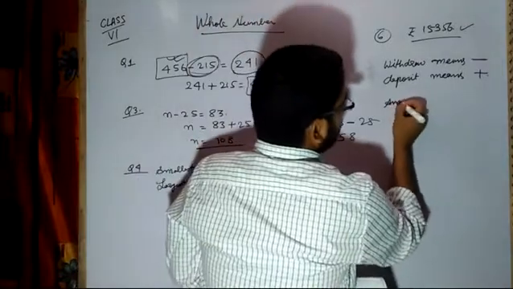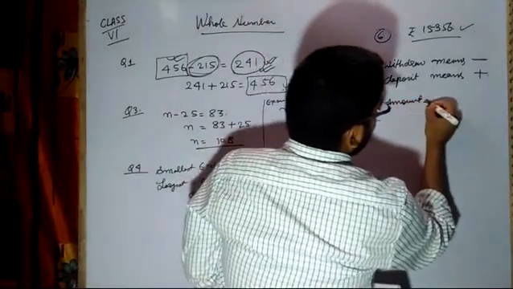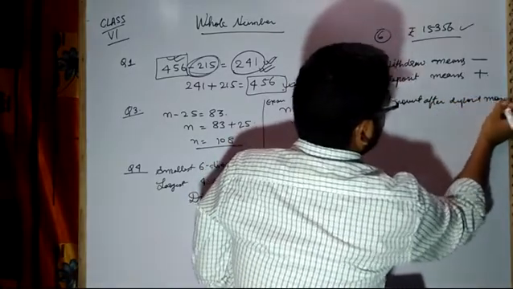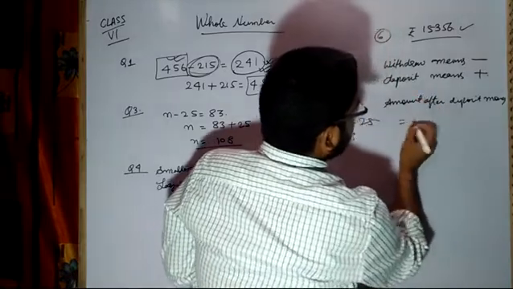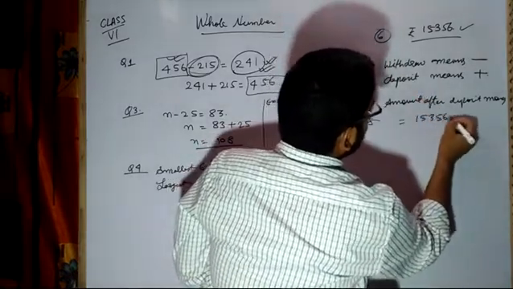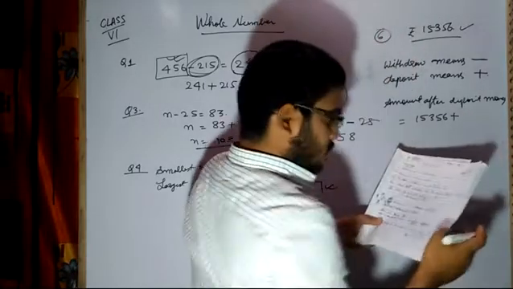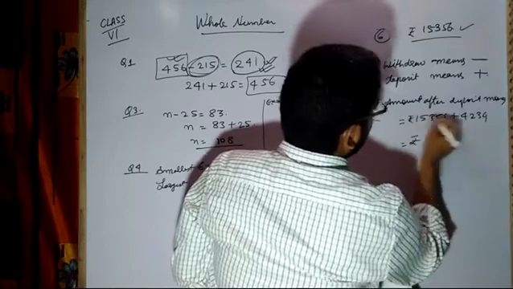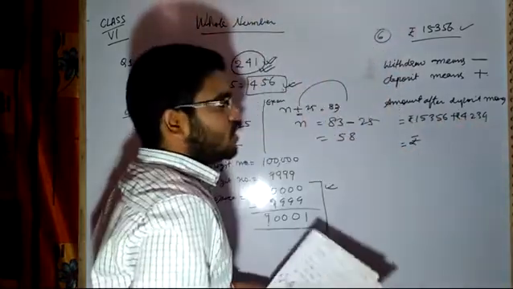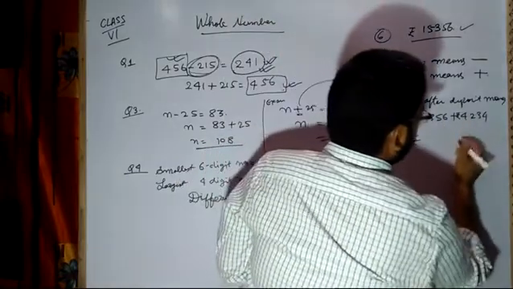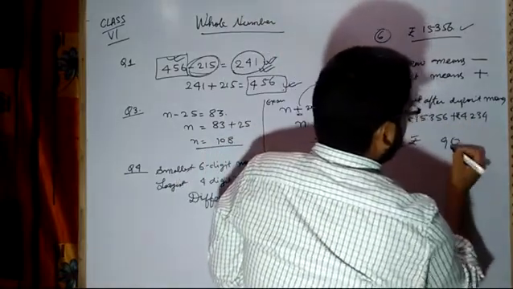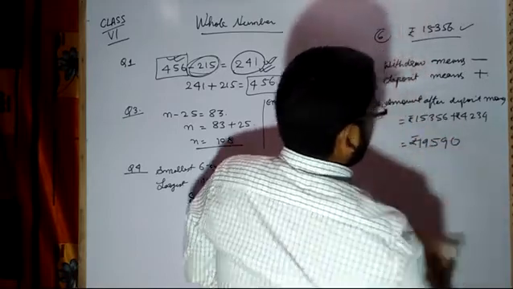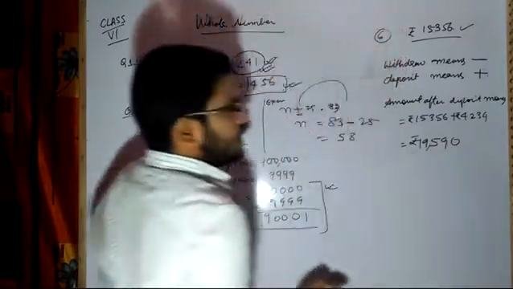So amount after depositing money is equal to 15,356 plus 4,234. That means with rupees, whatever the symbol is, you have to always give it. Then 6 plus 4 is 10, 5 plus 3 is 8, 3 plus 2 is 5, then 5 plus 4 is 9 and then 1. So I hope it is 19,590.